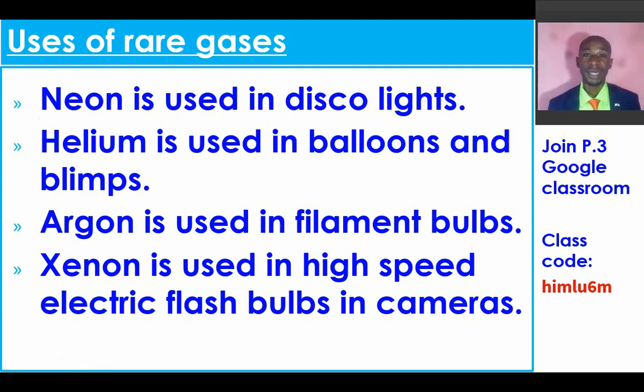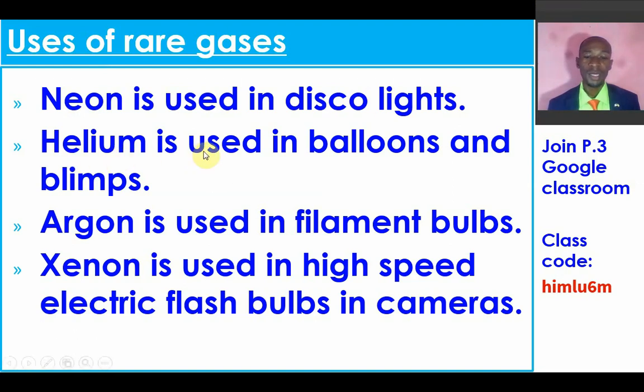Those bulbs that give different colors. When it comes to parties, that is where you can find more of this kind of bulbs. And in the Christmas season, everywhere there is that kind of decoration, and disco lights are like wow. So what is used in them is the neon.